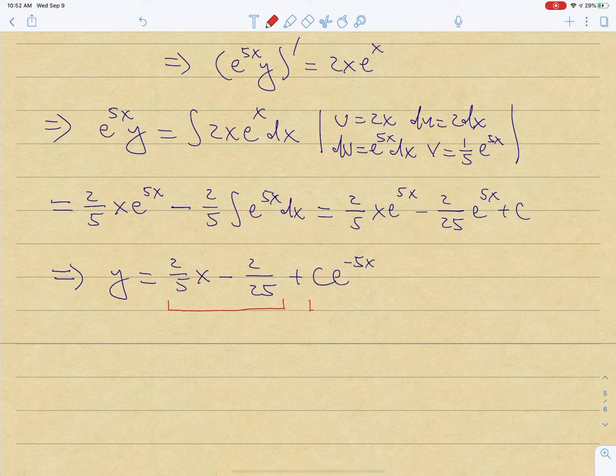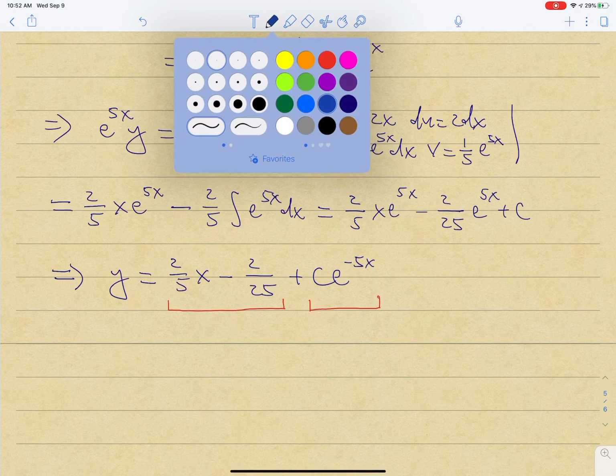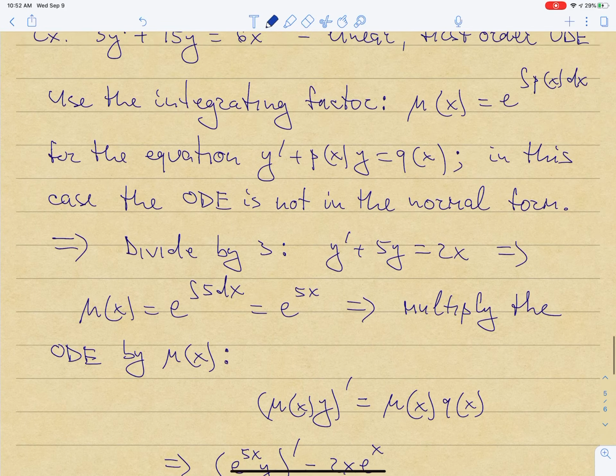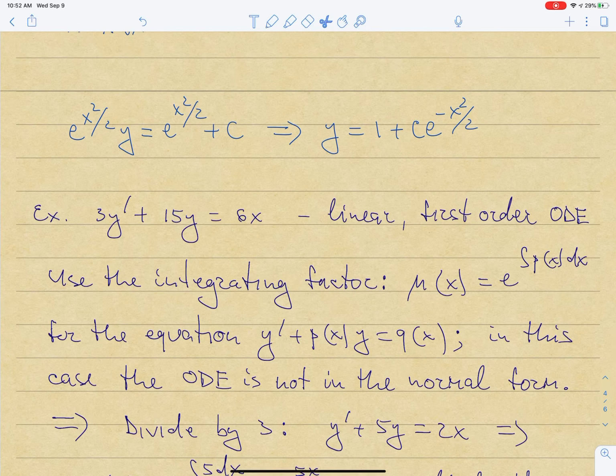And another one is c e to the minus 5x. I want to take these two pieces and separately substitute them into the left-hand side of my original equation, and see what happens to the left-hand side.